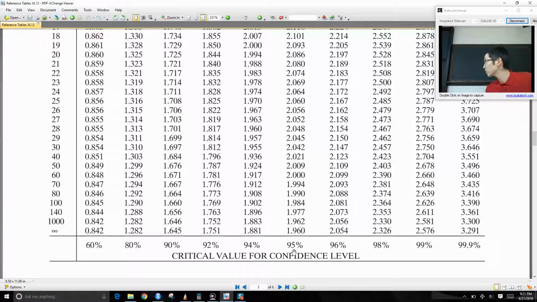So we can see at 95% confident, if I have an infinitely large sample and infinity degrees of freedom, my value would be 1.96. So it's not plus or minus 2, it's actually plus or minus 1.96, and that comes from the normal distribution.